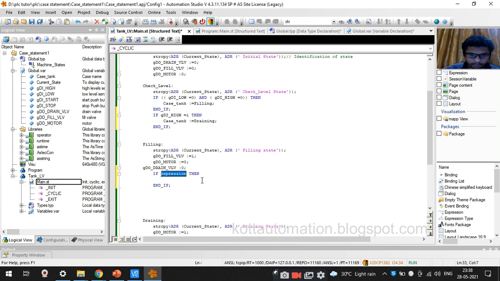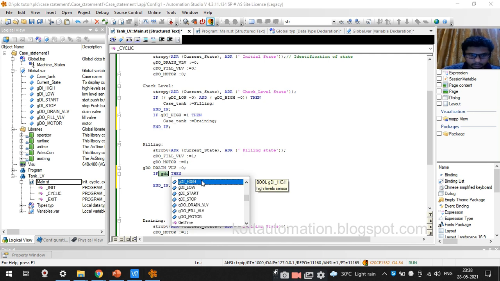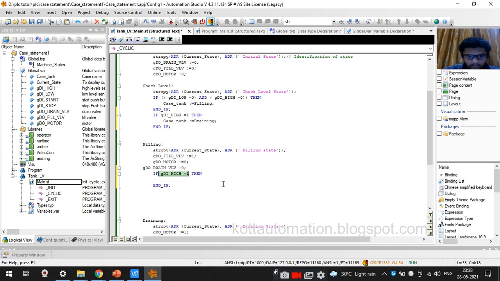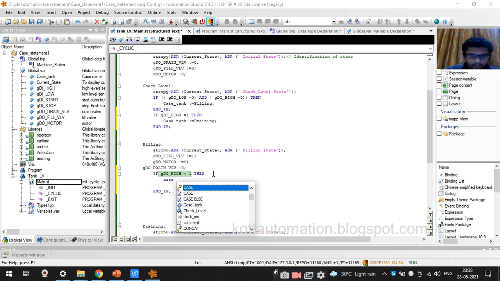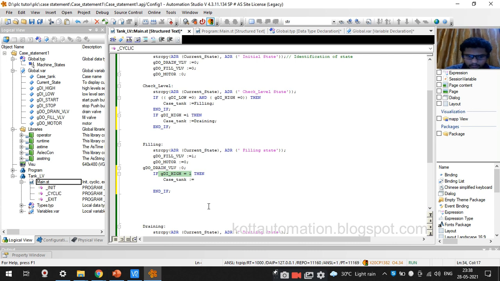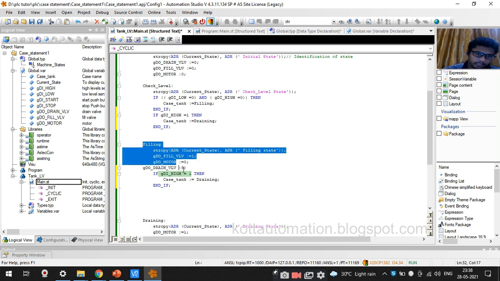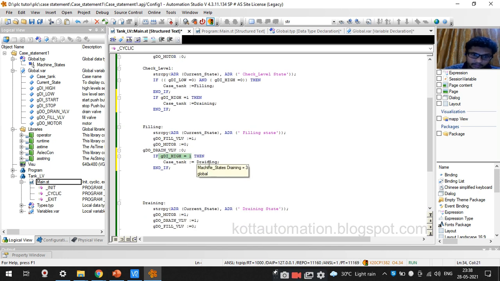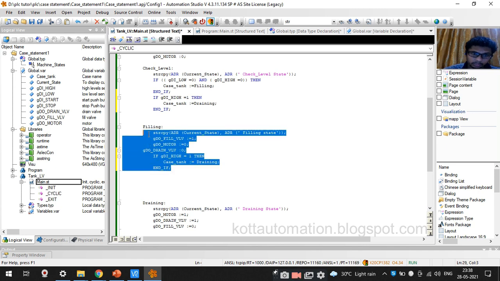if, so this means that when our filling statement is executing, means during the filling cycle, if my higher level sensor is on, then the draining cycle should start. So I have written down this logic here in if.